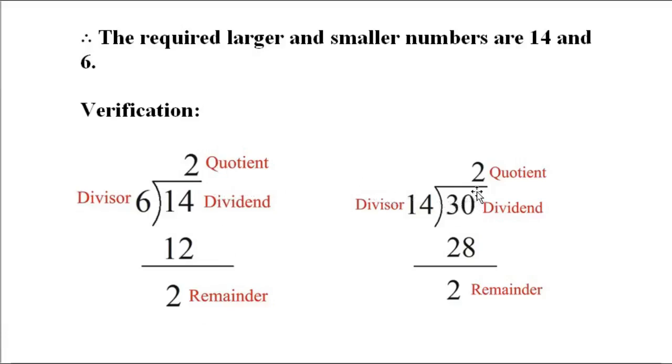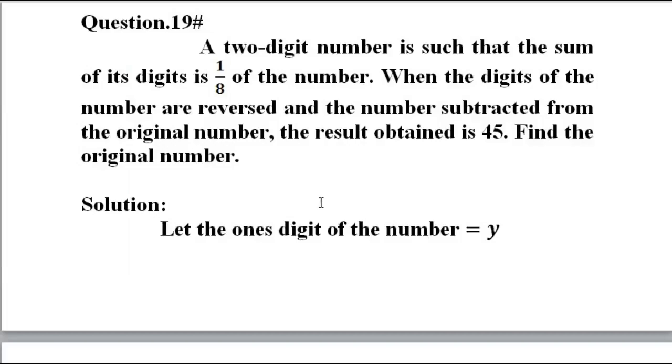According to the second condition, 5 times the smaller number, which is 6, is 30. If 5 times the smaller number is divided by the larger number 14, both the quotient and the remainder are 2.